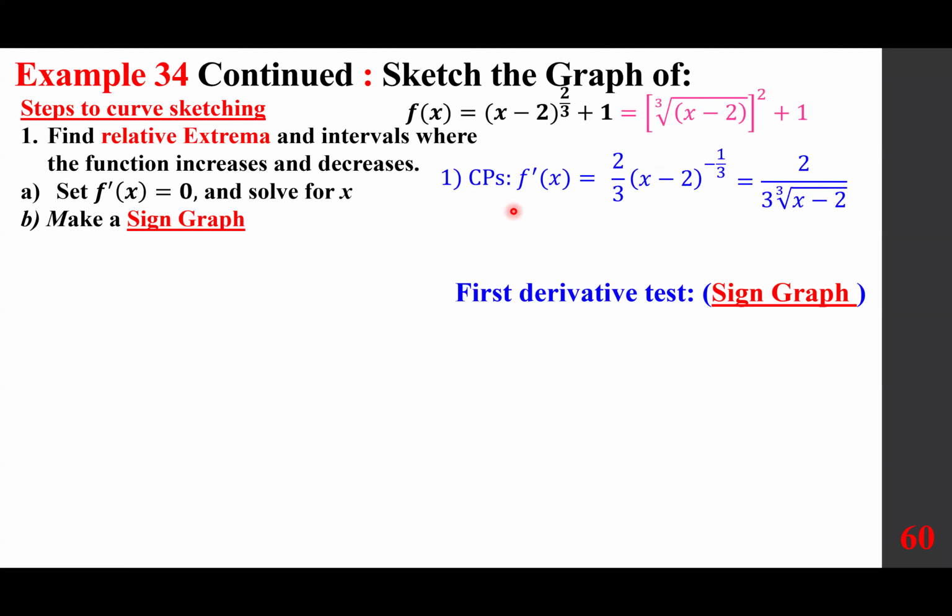So to find CPs, you find f prime equal to 0, f prime doesn't exist. So f prime equals 0 doesn't give you any solution. Why is that? A fraction is 0 when the top is 0. The top, or the numerator, is a number, can never be 0. So there is no solution.